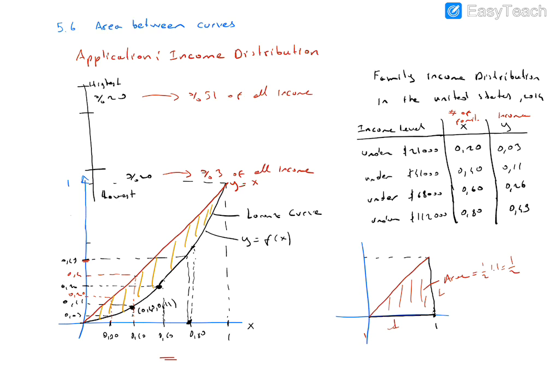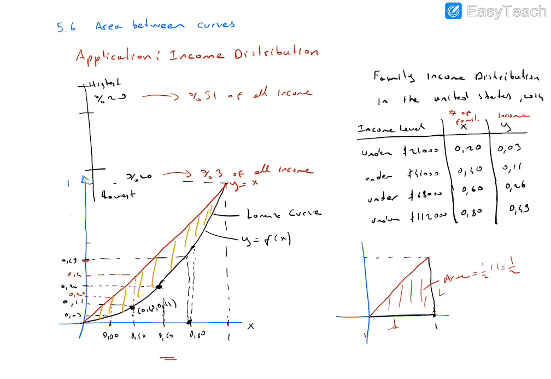But as the shaded area increases, the greater is the inequality of income distribution. So this area should be a small number. When it is close to 0, it is fair. Okay, we use a single number, the Gini index, named after the Italian socialist Corrado Gini.